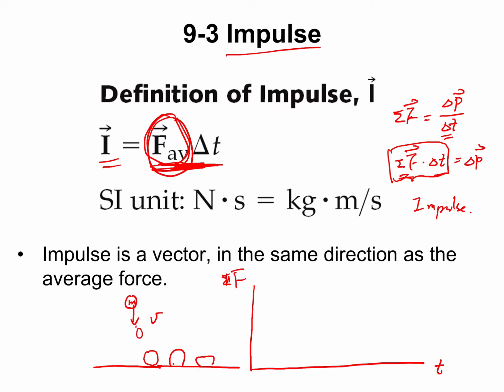Then more shape change, then less shape change, then the object will leave the ground. So this is the time axis, right? From here, the object almost touches the ground. Here, the object almost leaves the ground. So from here to here, there is an interaction between the object and the ground.